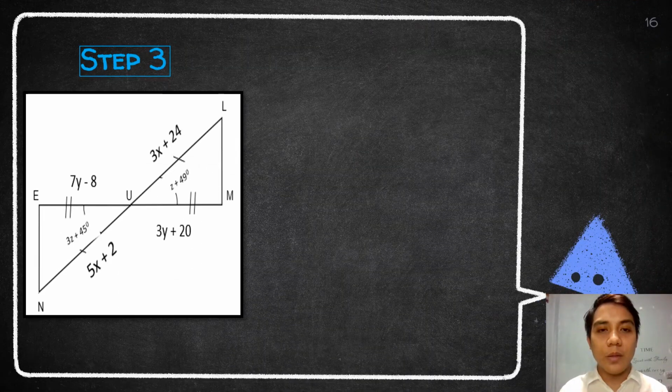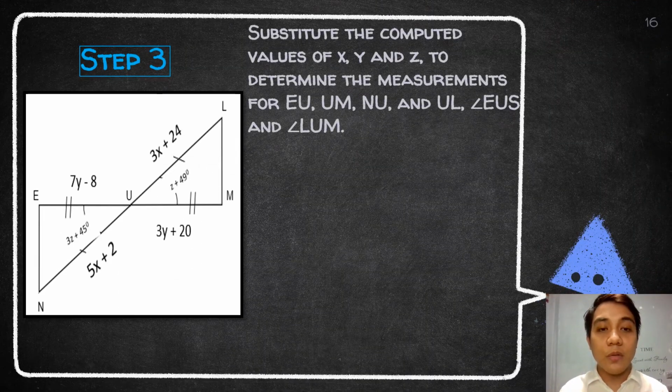For step number 3, substitute the computed values of x, y, and z to determine the measurements for sides EU, UM, NU, and UL. Also, we need to compute for angles EUS and LUM.